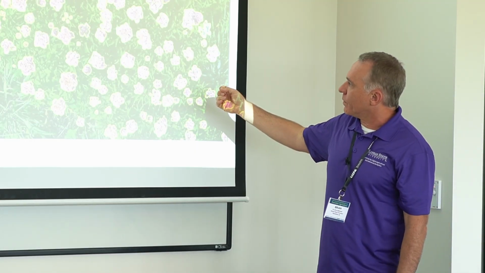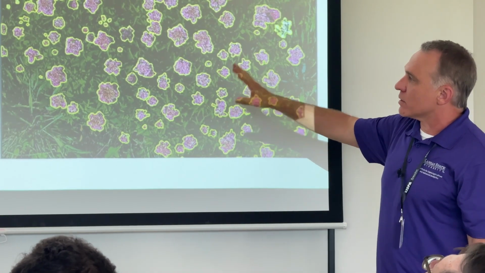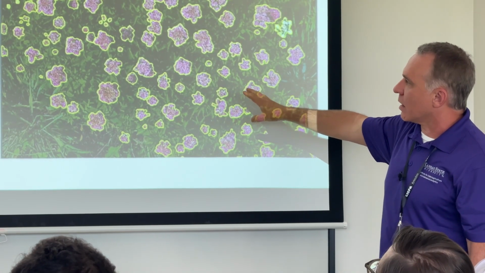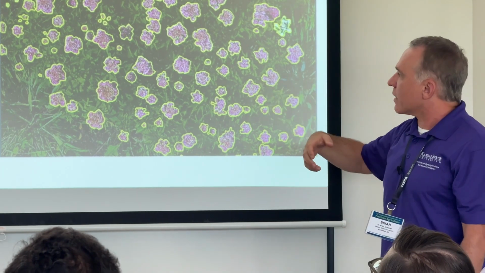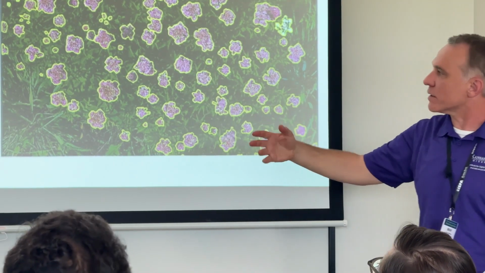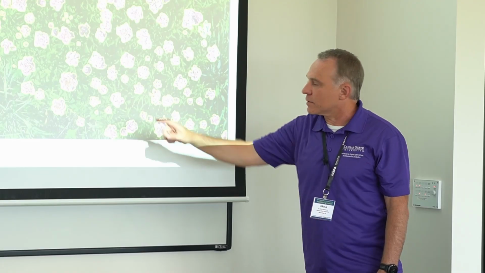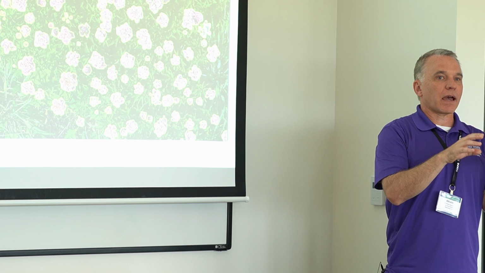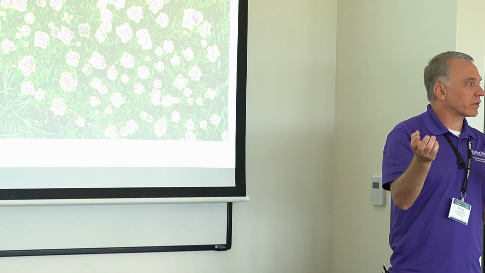And so when we get the object detector set up, then we can take that and extract each of these flowers. If we know the species name of each of these flowers, we can use that as an image to start training a classification algorithm.